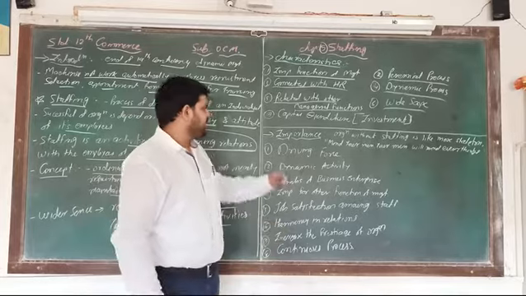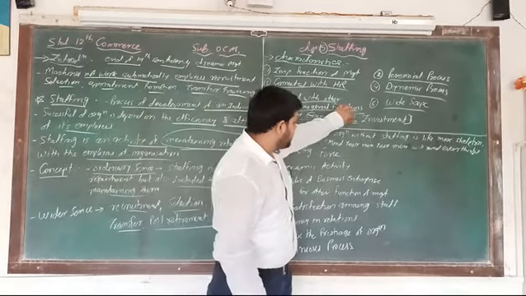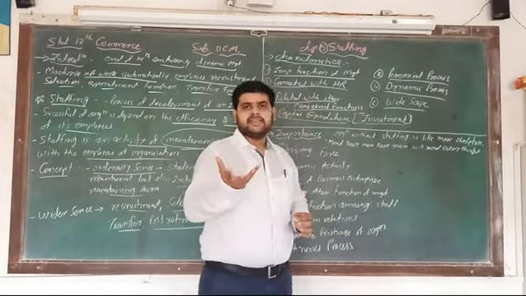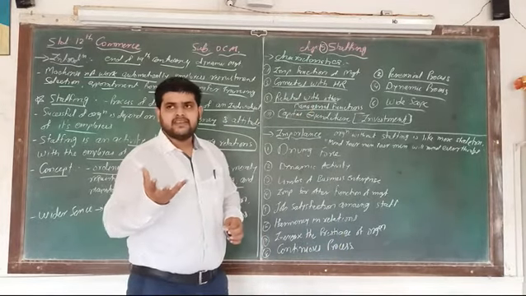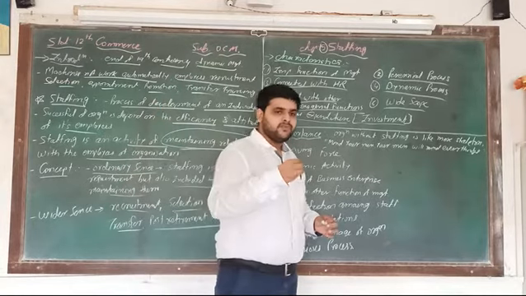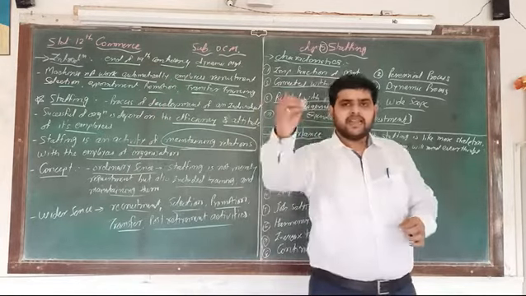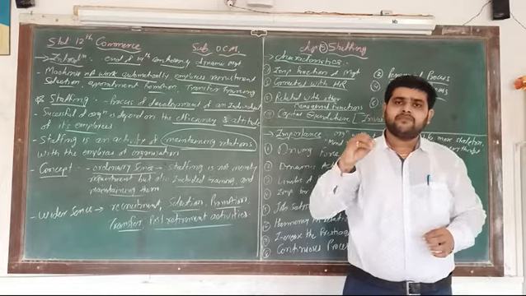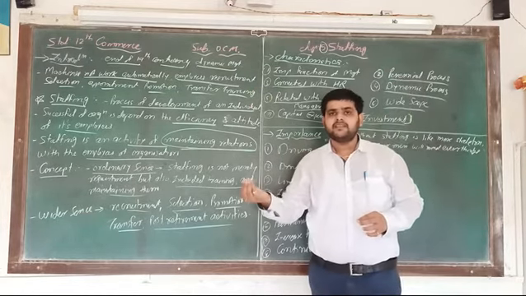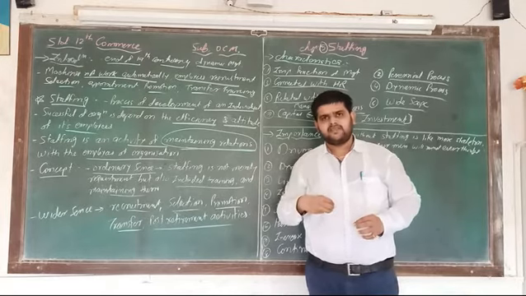And last, number 7, it's a capital expenditure. It means that it is our investment. Whatever selection is there, whatever staffing is there, we know that staff is going to do work in our organization, and that particular staff, those who are doing work efficiently, earn profit for our business organization.